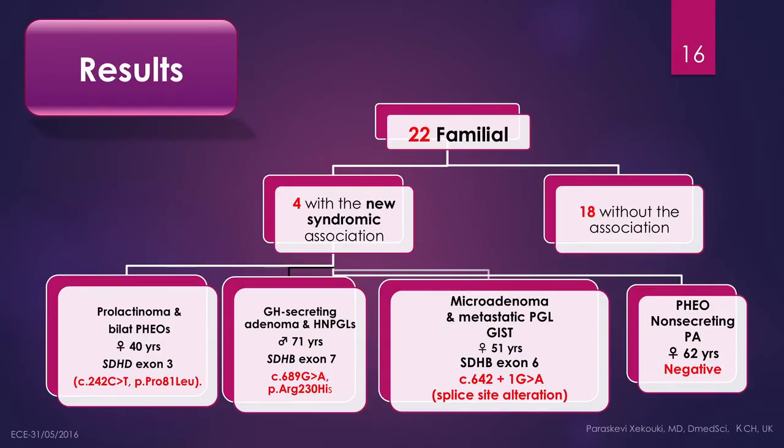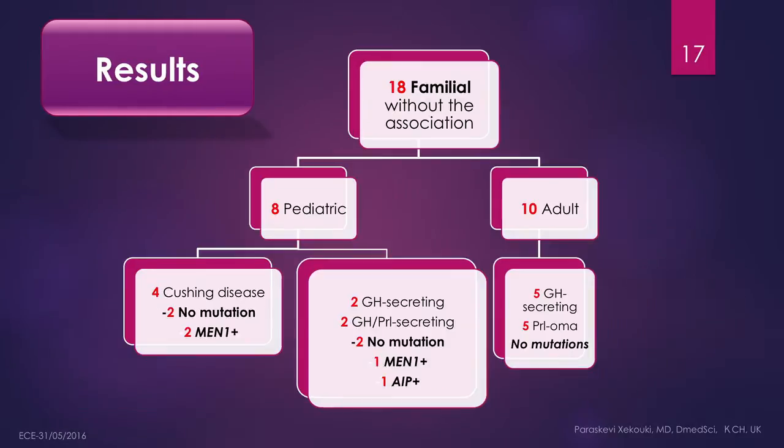Among the 22 familial cases, 4 were identified with the new syndromic association, and 3 of them harbored an SDH mutation. Within the rest of the 18 familial cases, some were found to harbor MEN1 mutations, 1 had AIP, and the remaining 10 screened negative for all the genes.